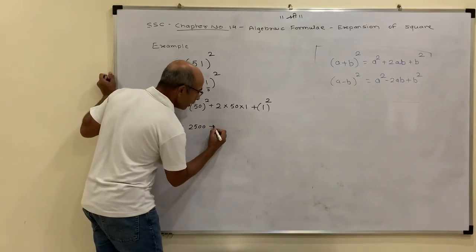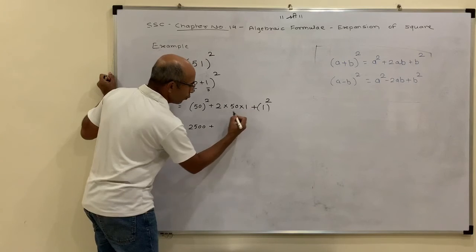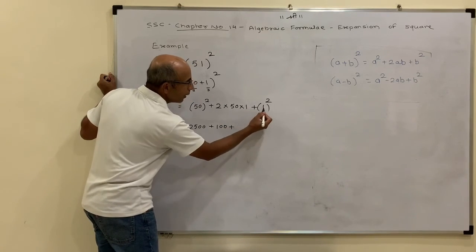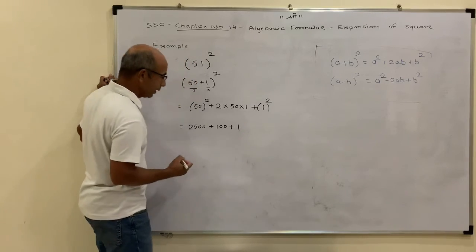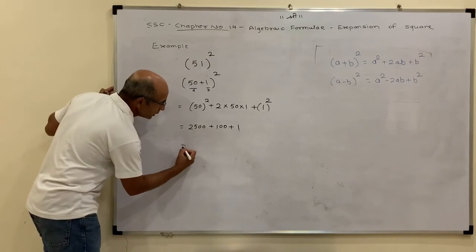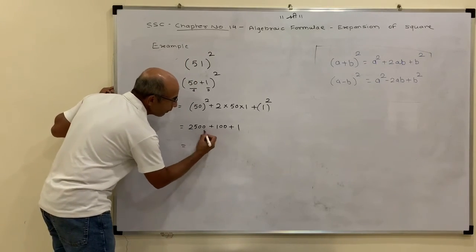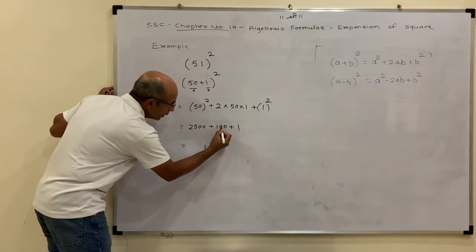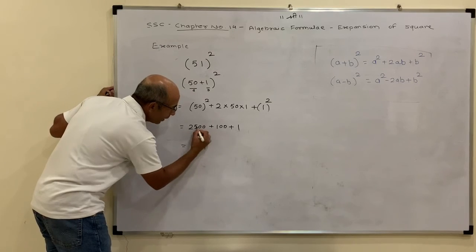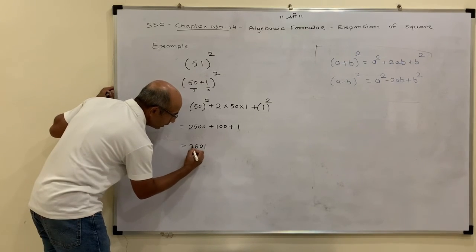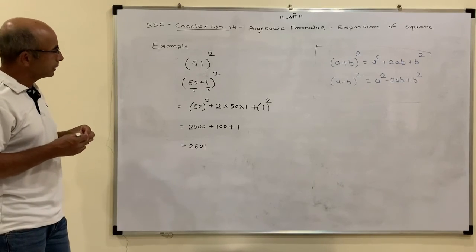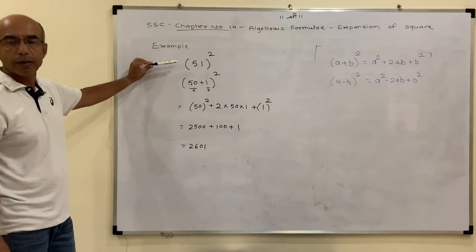Plus 2 into 50 into 1 comes out to be 100, plus the square of 1 is 1. So 2500 + 100 + 1 comes out to be 2601, which is the square of 51.